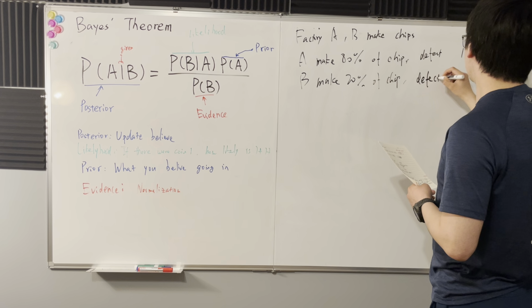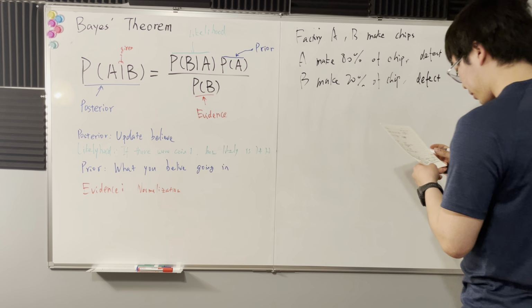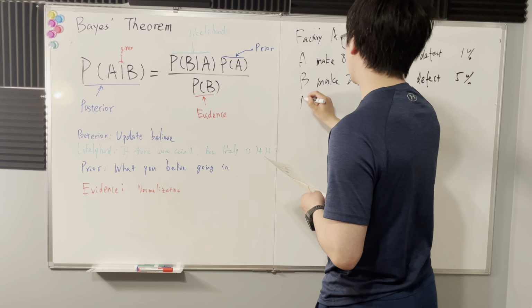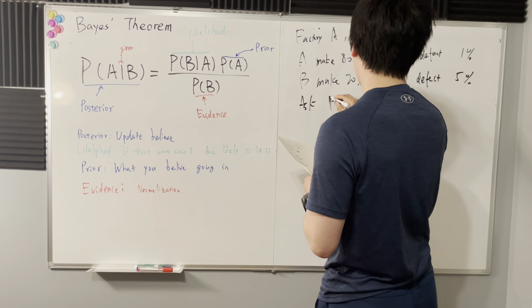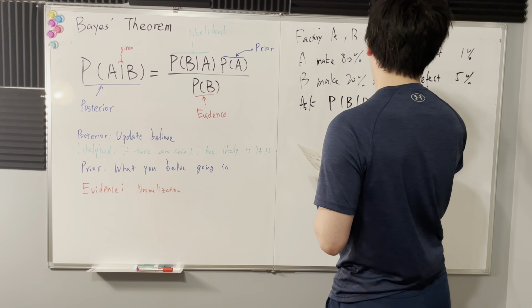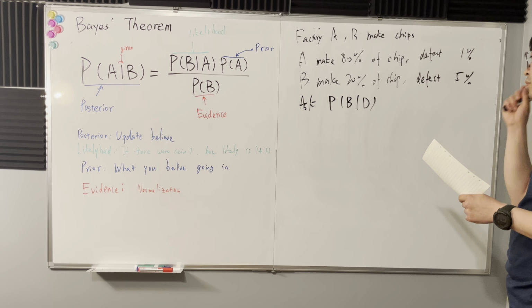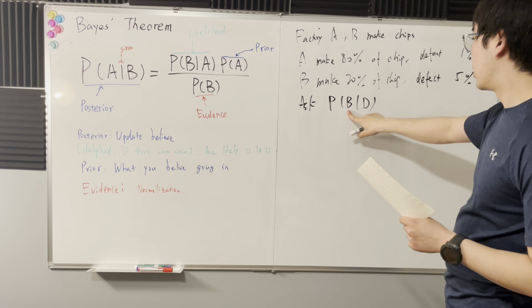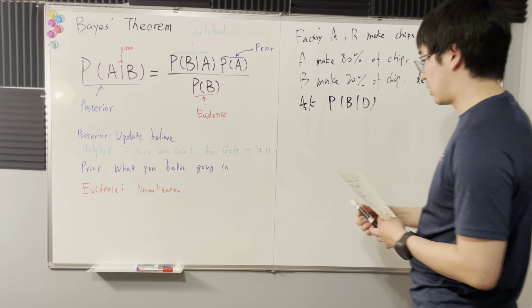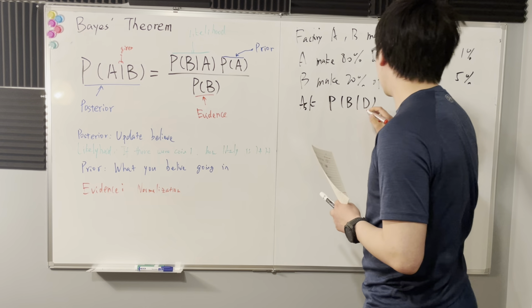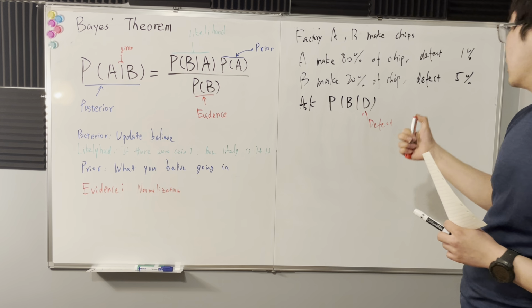B has a 5% chance of defect. So the question: what is the probability that, given you got a chip that is defective, it is from B? So, given it's defective, the chip is B.